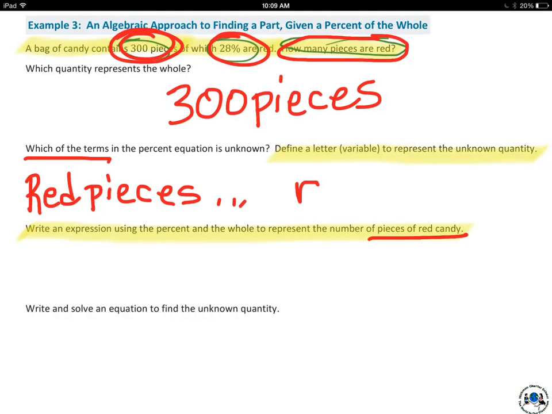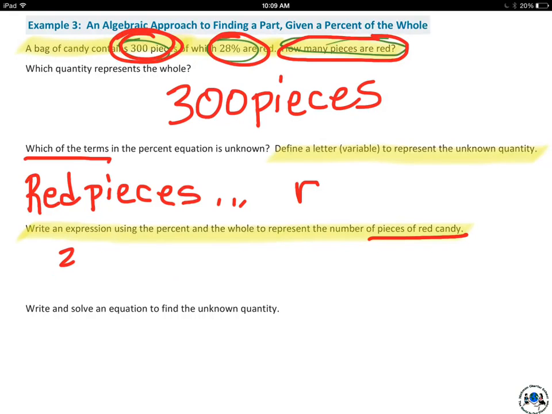We don't usually write 28% times 300; we usually leave the percent sign off. We would represent that 28% in different ways.